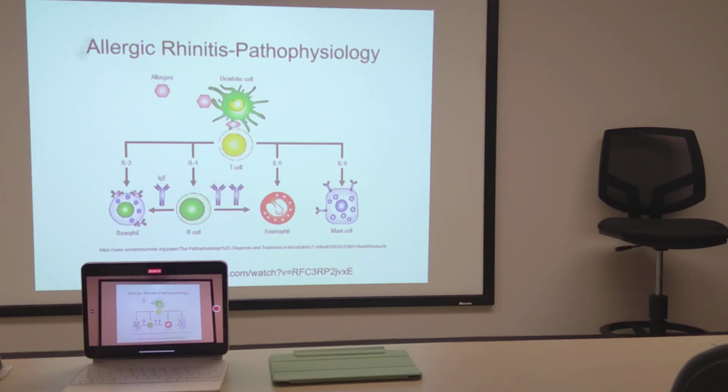B cells can secrete antibody, and this will further activate other cells. And IL-9 activates mast cell. And mast cell can secrete what? Histamine, one of the major ones.